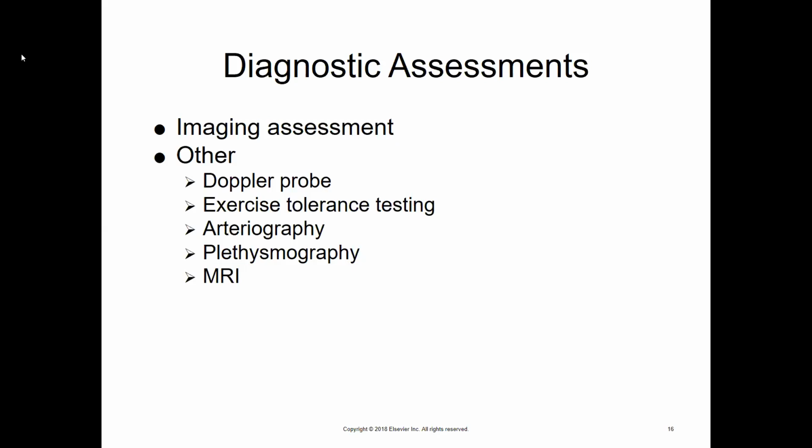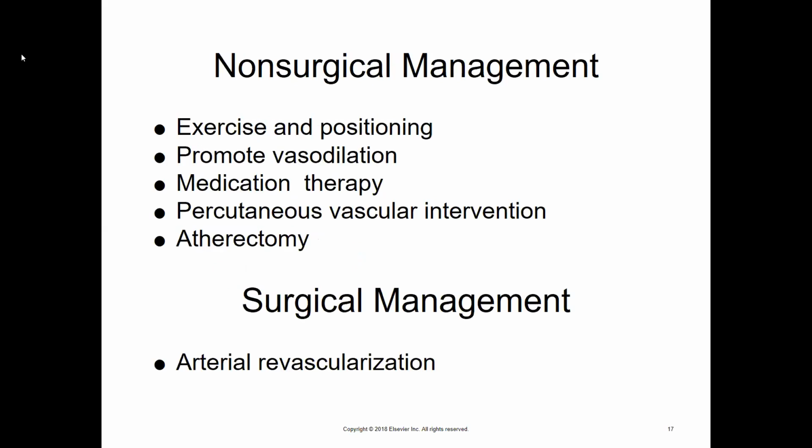Arteriography, plethysmography to evaluate arterial flow in the lower extremities, and then also an MRI. You're not going to be tested over those that I just mentioned, except you should know about the exercise tolerance test. For the others, just know that they are diagnostic tests for PAD.